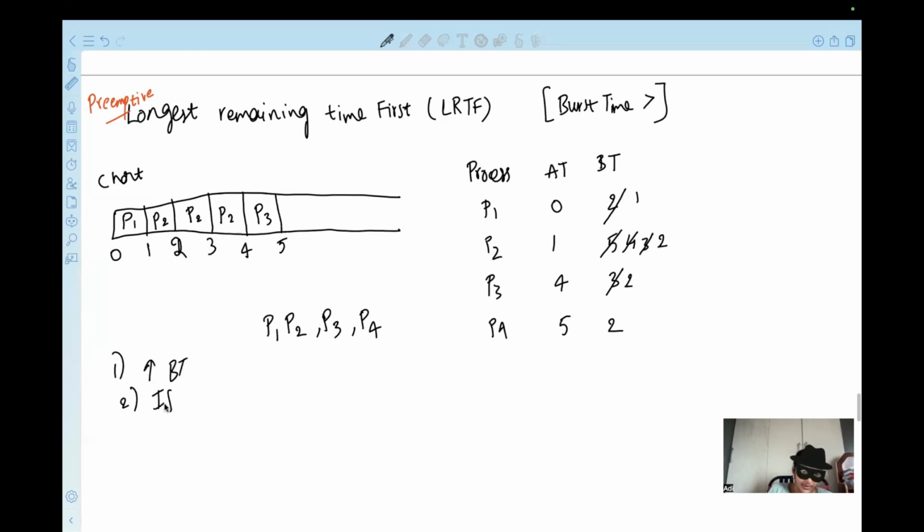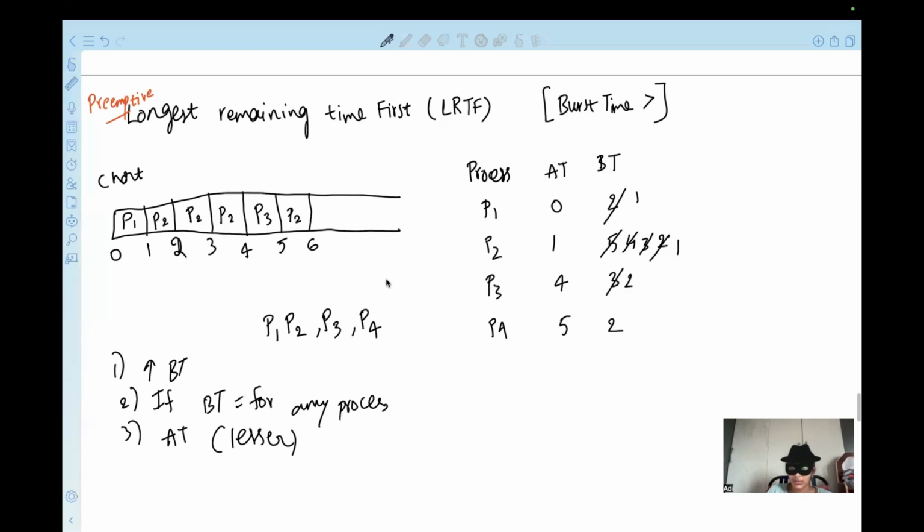If burst time is equal for any processes, check which has the lesser arrival time. So the lesser arrival time is for P2. So we'll write here P2 and we make it as 6 and make it as 1.